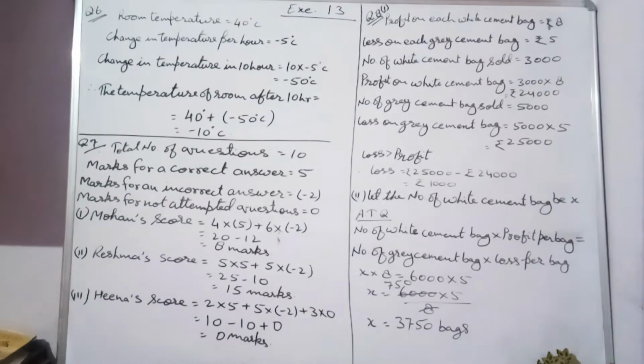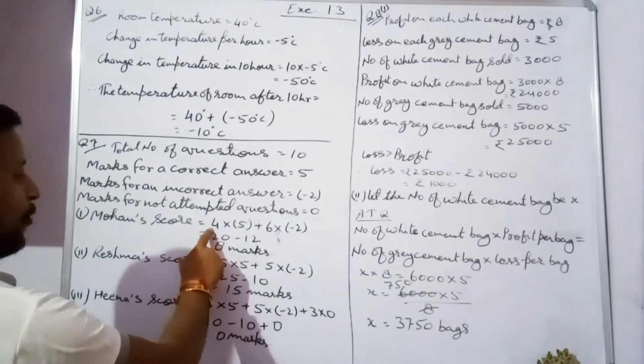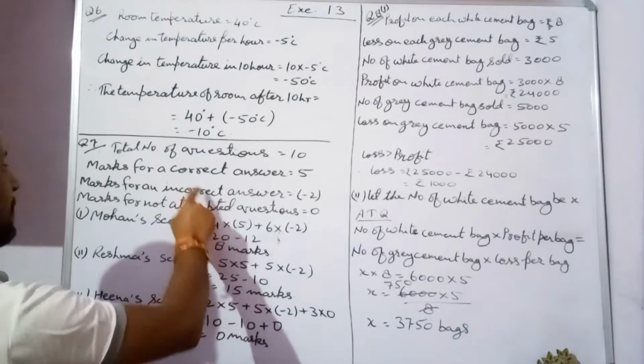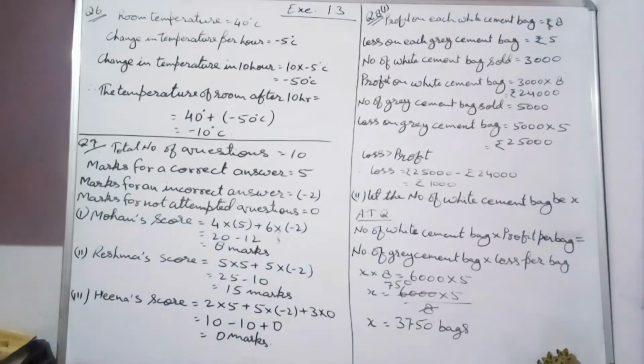Now on the basis of that, the first question is: Mohan gets 4 correct and 6 incorrect answers. What is his score? It means that Mohan's score will be equal to, उसने 4 correct answer दिए तो 4 correct answers into the marks awarded for each correct answer, that is 4 into 5.